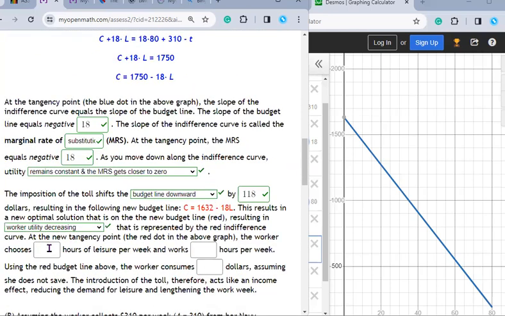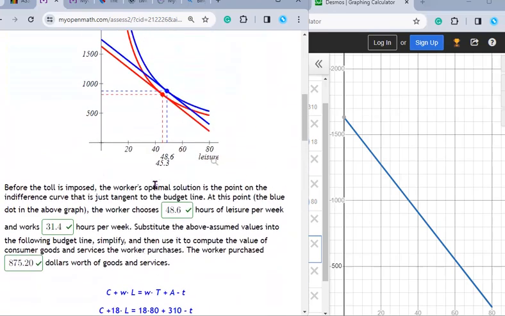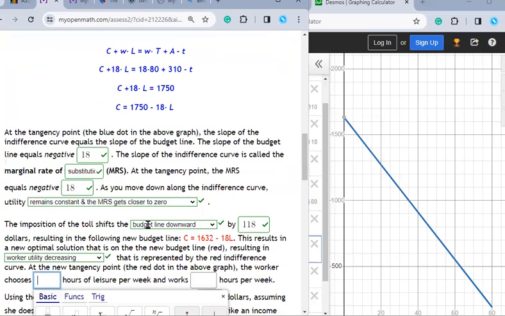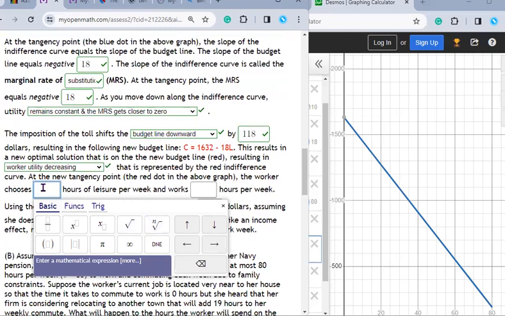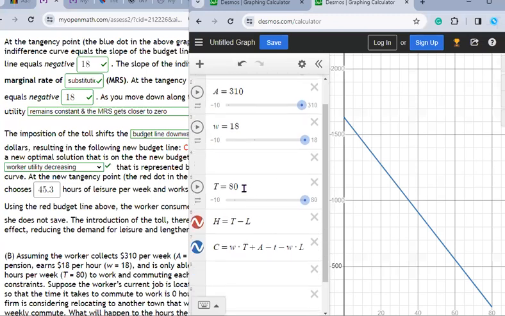So at this new tangency point, the worker chooses 45.3 hours of leisure.